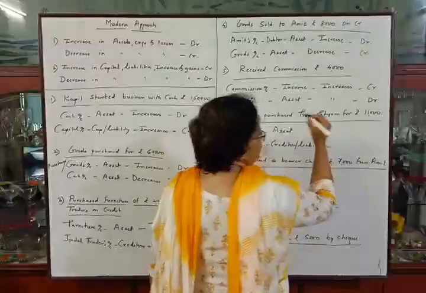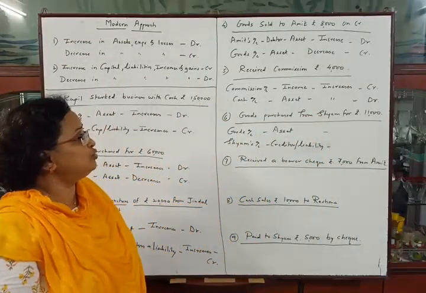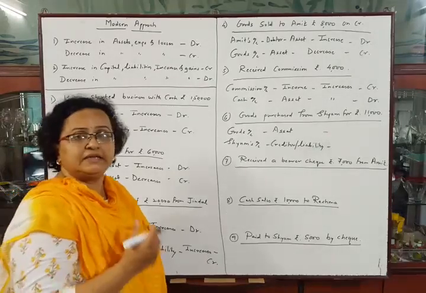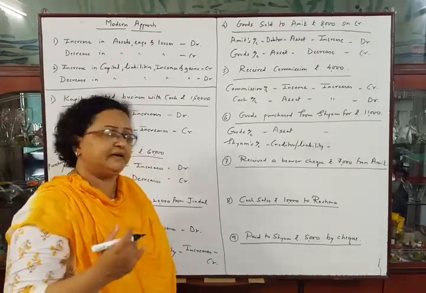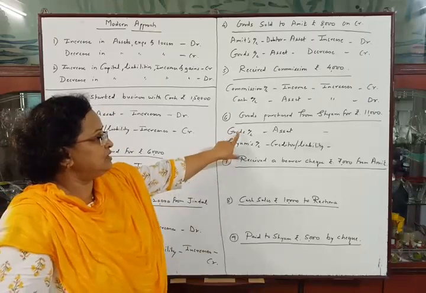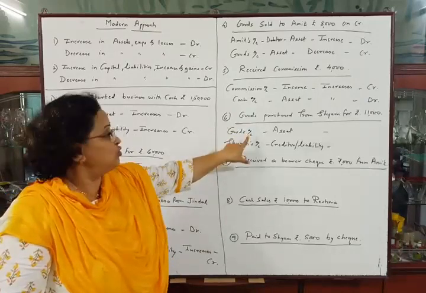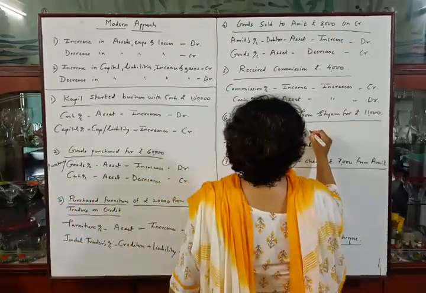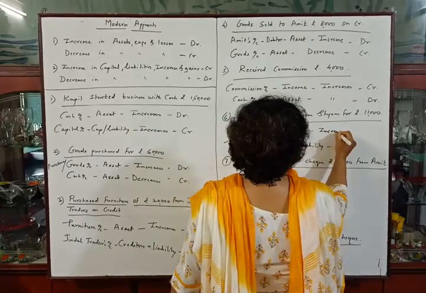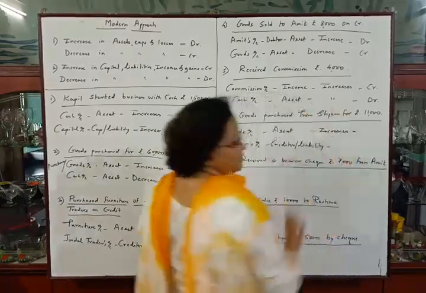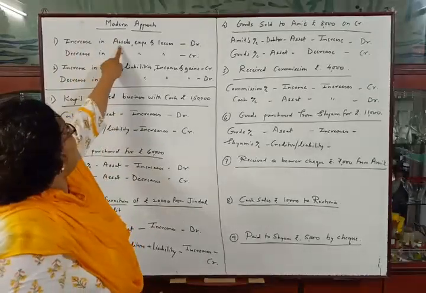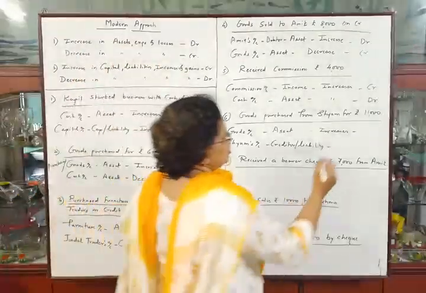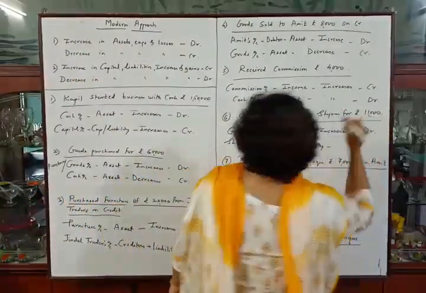And now we will use the rule, see the increase and decrease and decide debit and credit. First goods, we are purchasing goods, so goods are increasing. Okay, so goods increases here, and increase in asset should be debited, so goods account will be debited.